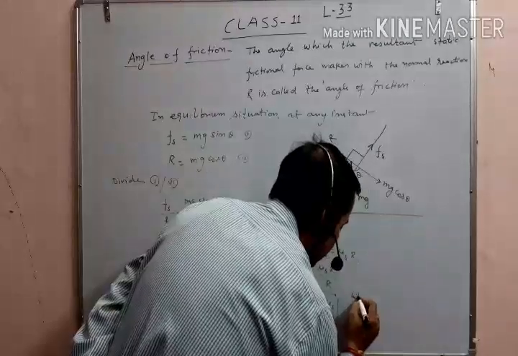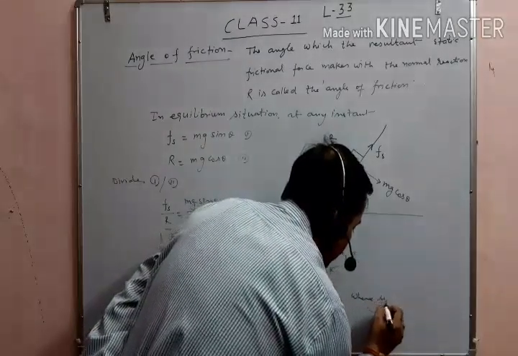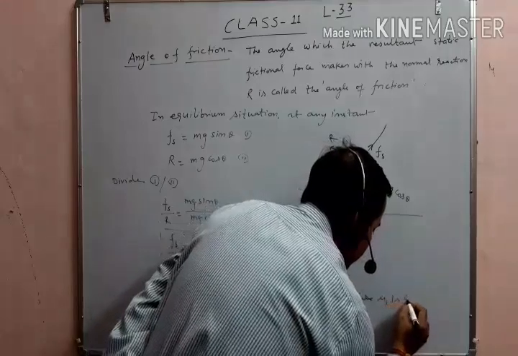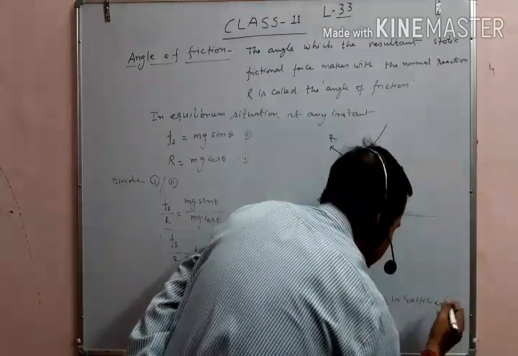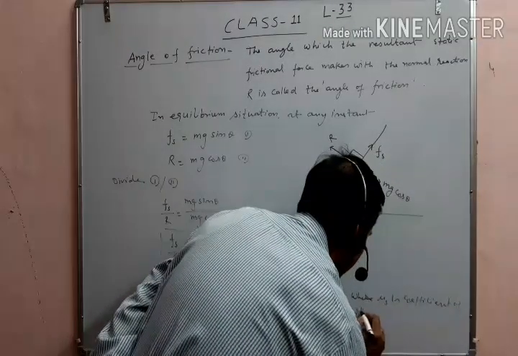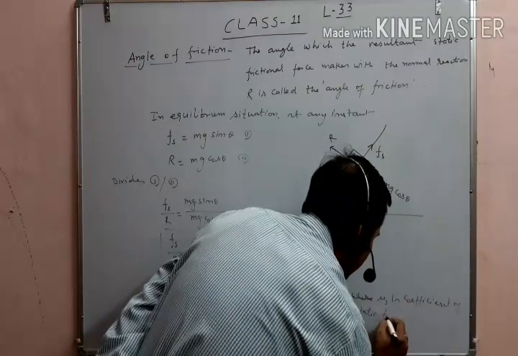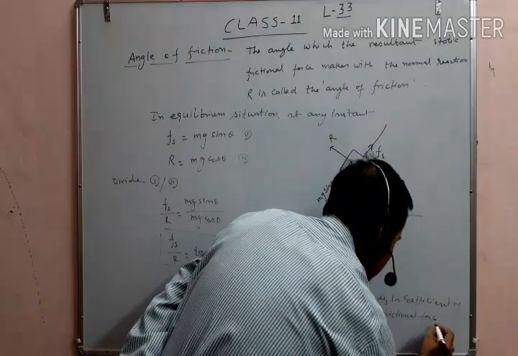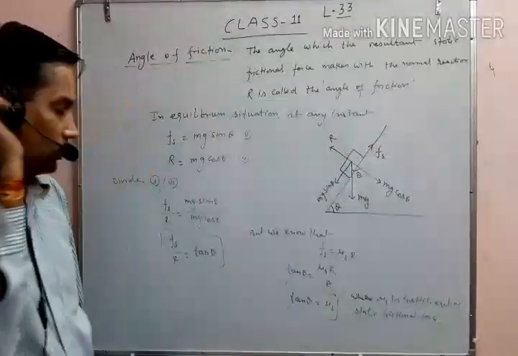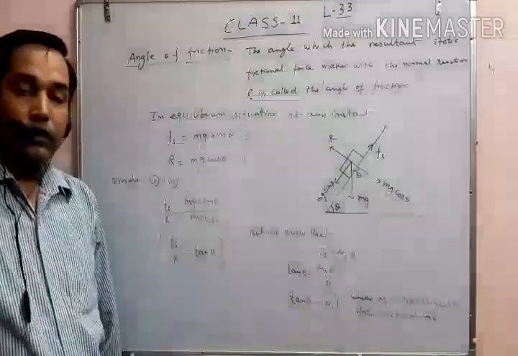So here mu s is the coefficient of static frictional force. Okay, I hope there is no problem, clear.